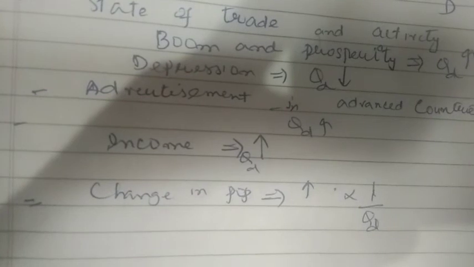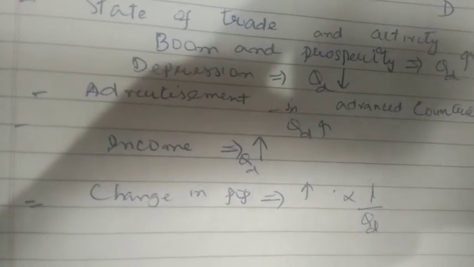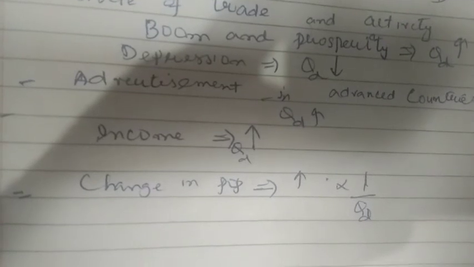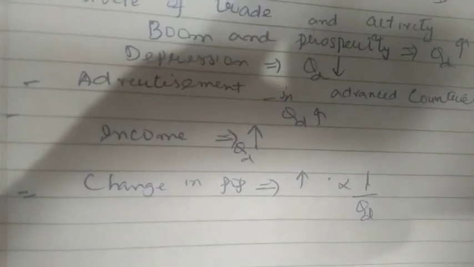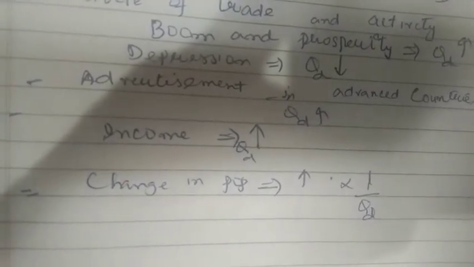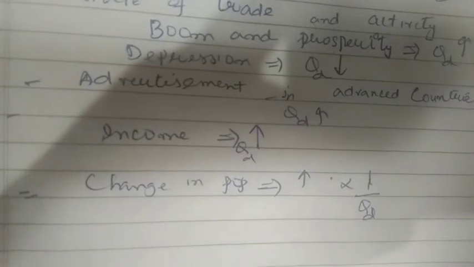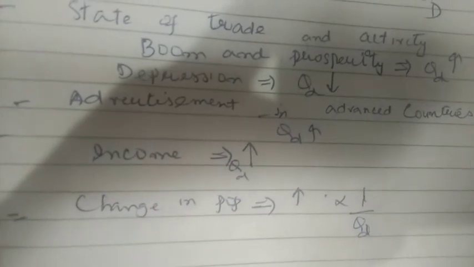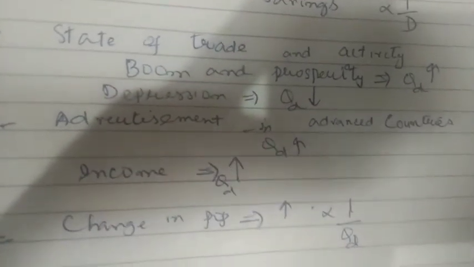Income: if your income increases, the quantity demanded will increase. Change in population: the more the population, the more the quantity demanded. Actually I have written it there, and in research it is not. So take care for now.